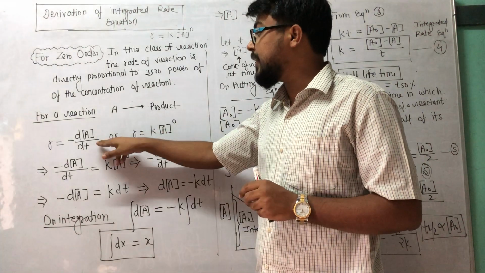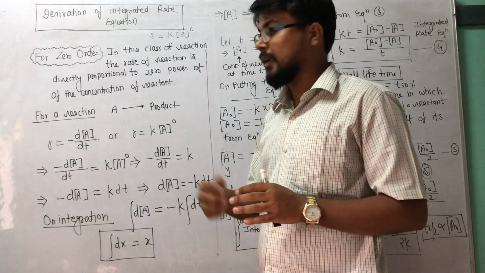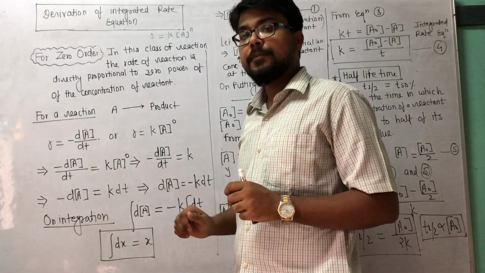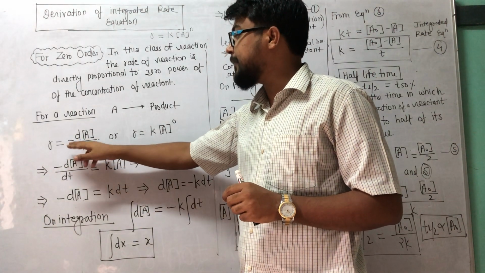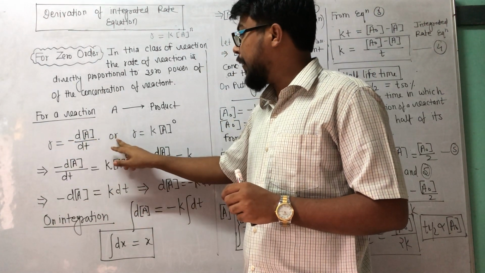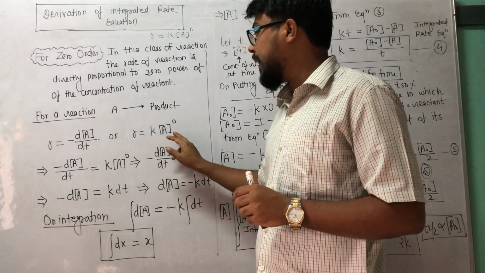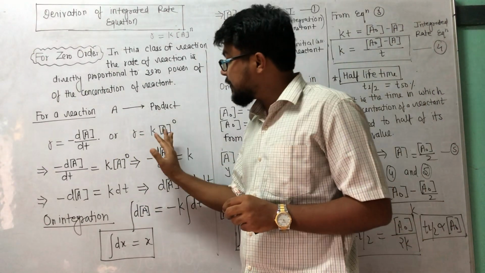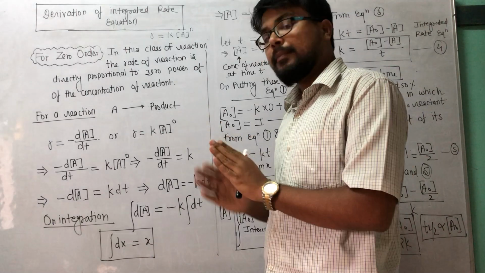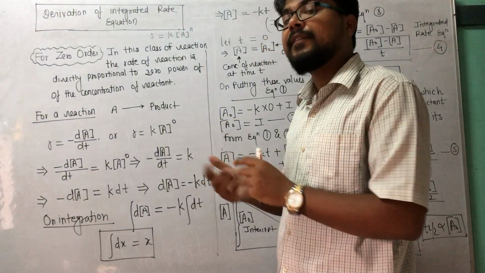So we will take the disappearance of reactant: rate can be represented as minus dA by dt, or R equal to K A to the power 0. These two terms are the same but written in a different manner.